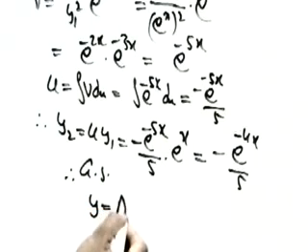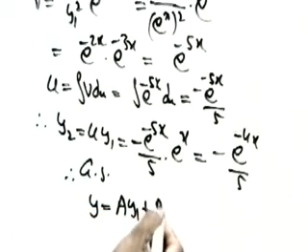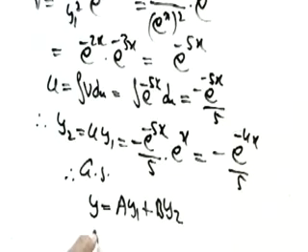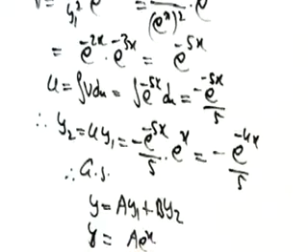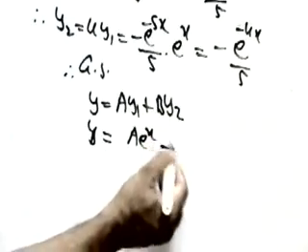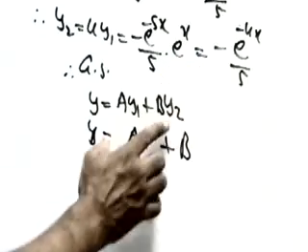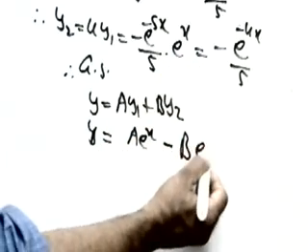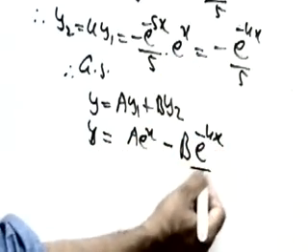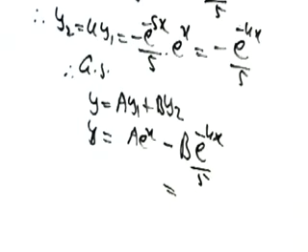Therefore, the general solution is y equals a into y1 plus b into y2. So y equals a, a is constant, into y1 which is e power x, the given solution, plus b into y2, which will be minus e power minus 4x by 5.